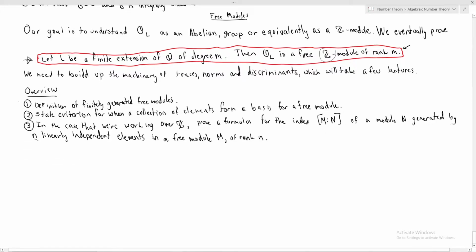Okay, so these are the 3 main goals that we're going to try to get done in this lecture.